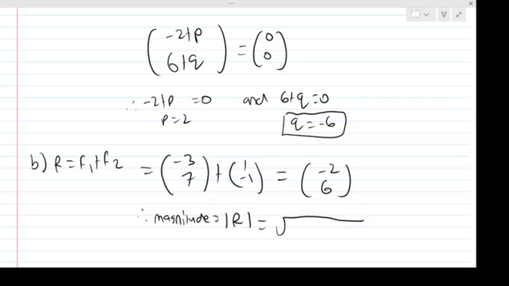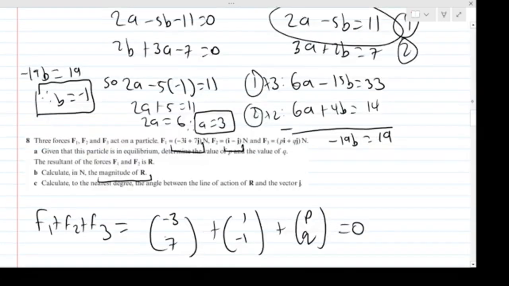So minus 2 all squared add 6 squared, right? And then if we put that in the calculator, we get 2 root 10. And there we are. That's the magnitude of the vector, right?